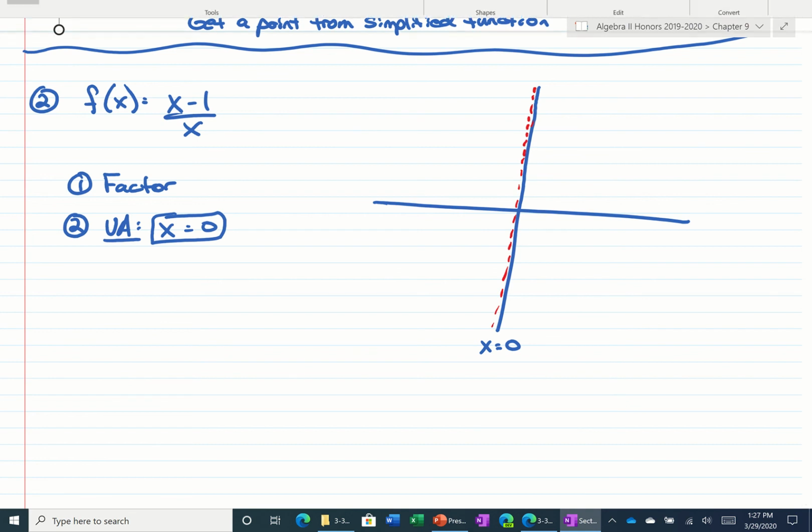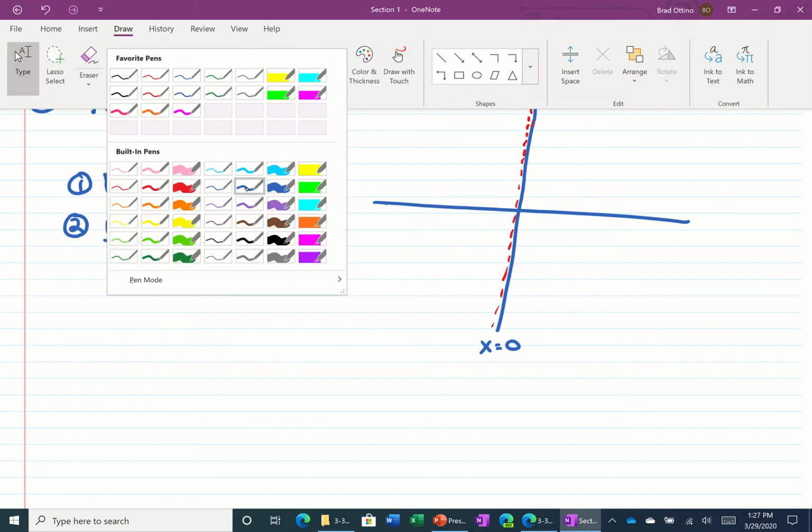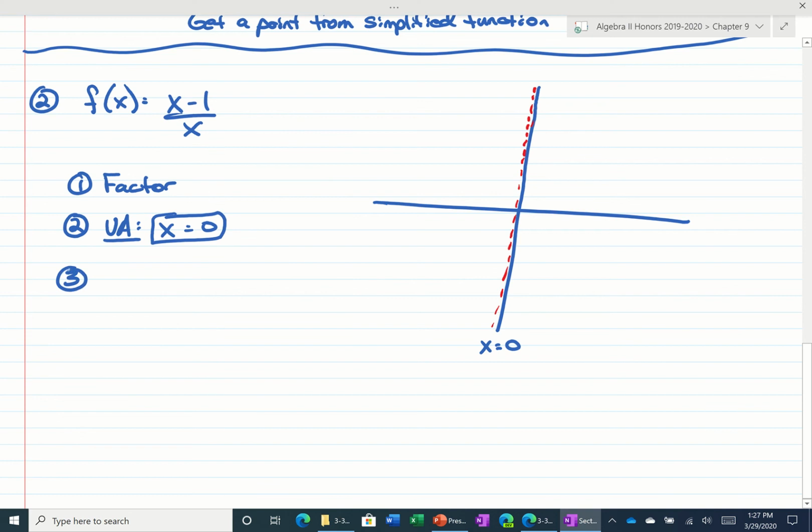So now let's go to our horizontal asymptote. And if we look at the top power, it's 1. We look at the bottom power, it's 1. So the degrees on the top and bottom are equal.